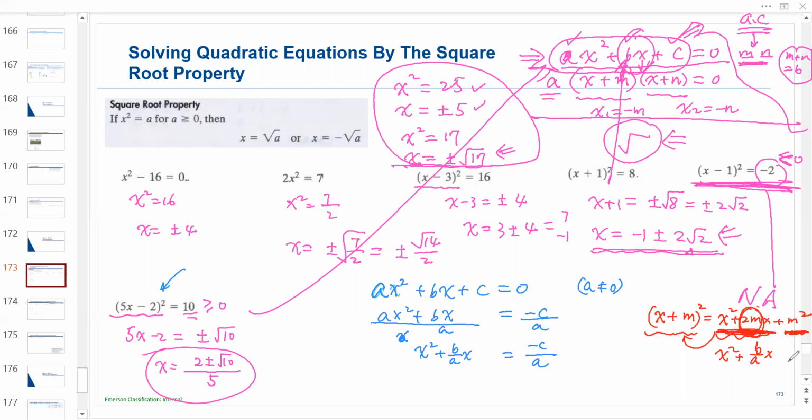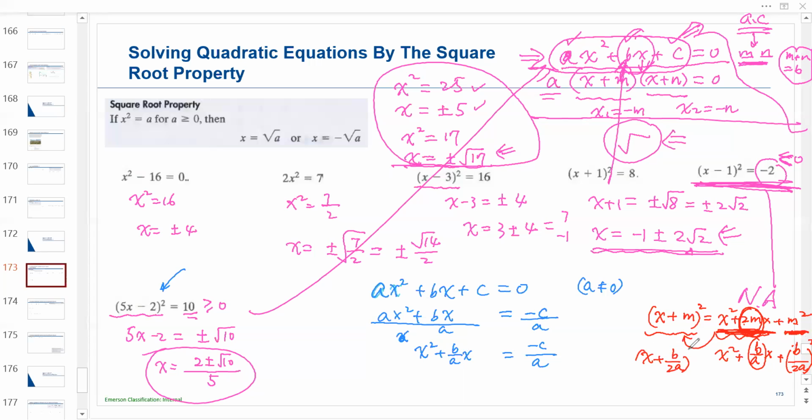If you are given only these two terms, as in our case here, how do we find this third term? We take this coefficient, divide by 2, and square it. So divide b over a by 2 and it becomes b over 2a, and make it square. All right, so after that, we can write this one like this.